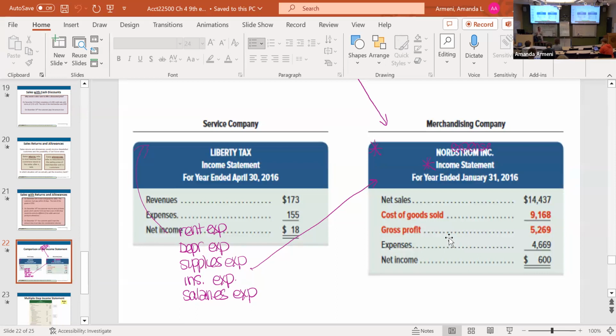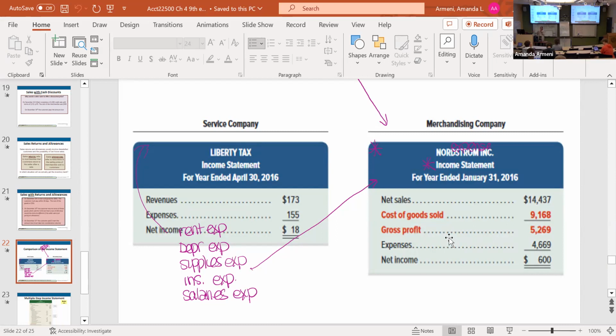That is all very important as well. But for a merchandising company, to break out cost of goods sold all by itself shows the reader of the income statement, here's how much we actually make just by selling our products, not taking into consideration any of those other operating type expenses that we have, just breaking out cost of goods sold.